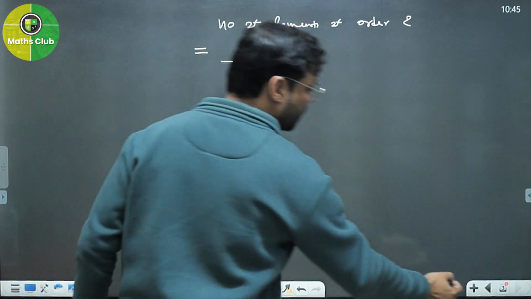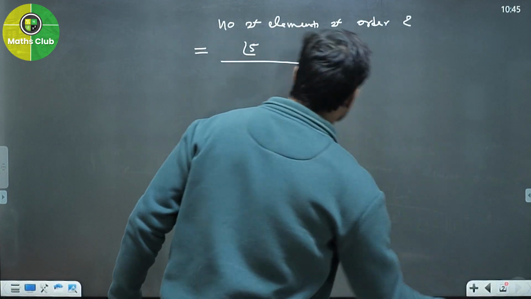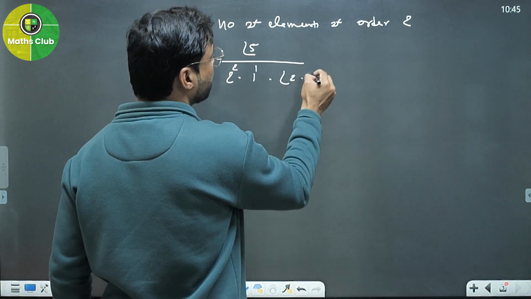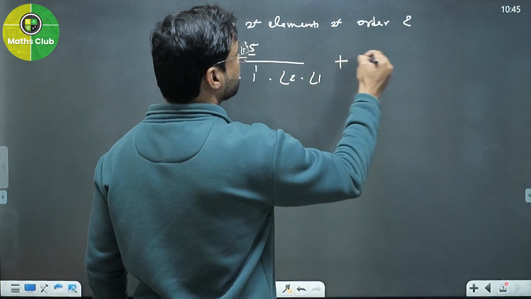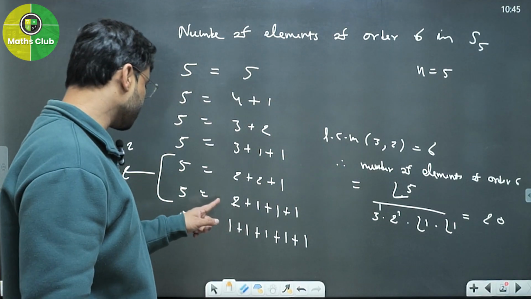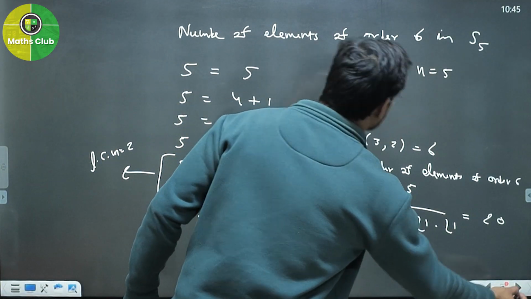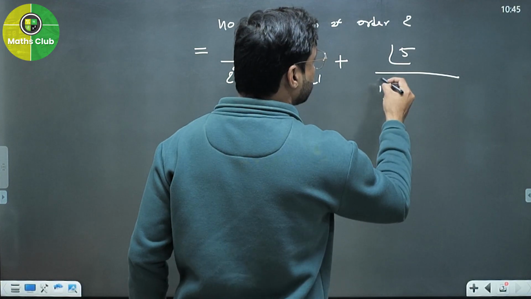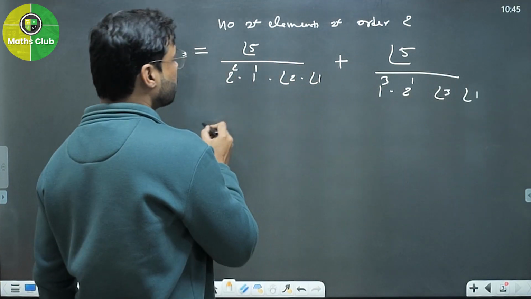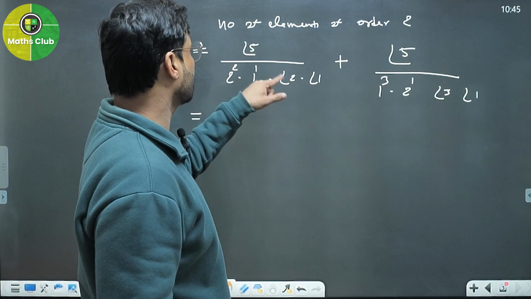5 upon, in the first partition 2 is 2 times and 1 is 1 time, so factorial 2 and factorial 1, plus, this is the plus for the second partition, as both are giving the LCM 2. Here 2 is 1 time and 1 is 3 times, so factorial 3 and factorial 1. Simply you have to calculate it. The 2 and 4 will be cancelled out, 2 factorial cancels out.